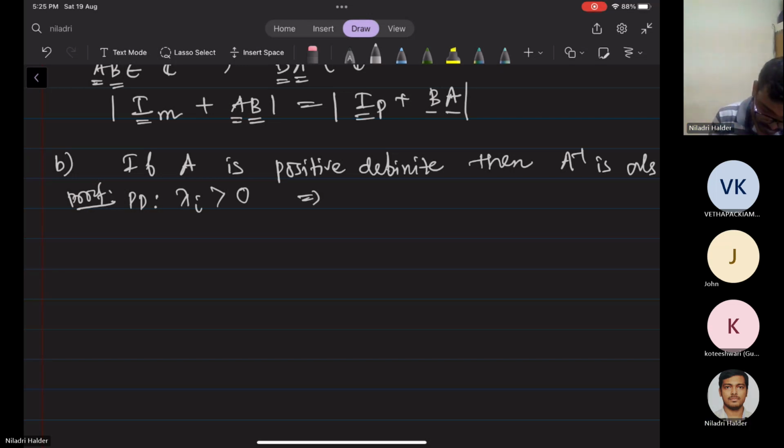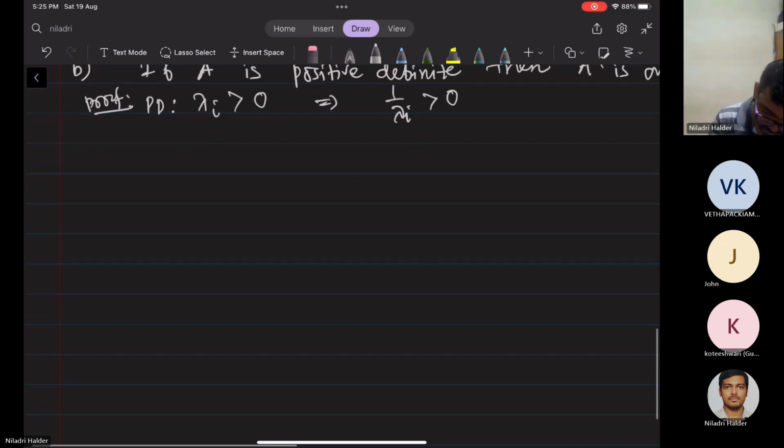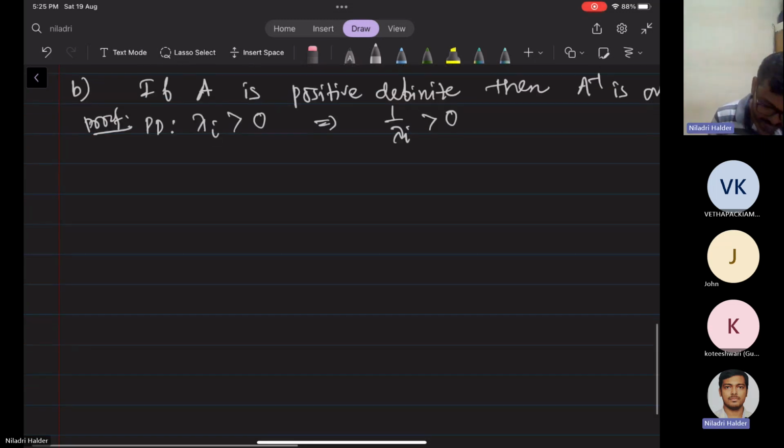So that's why this A inverse is also positive definite.